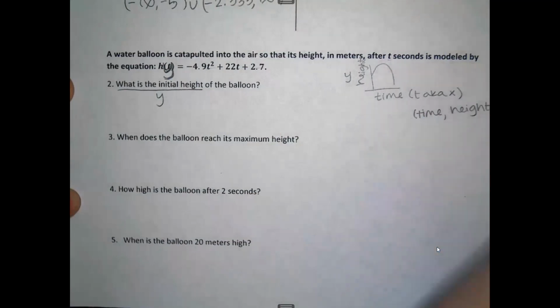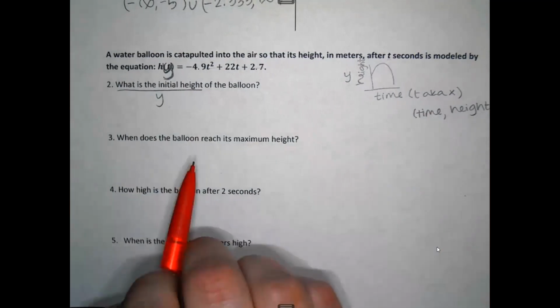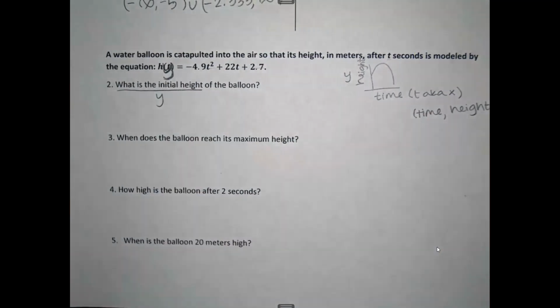Okay. All right, what is the initial height of the balloon? What does the word initial mean? Start. Yeah, where did you start? So what is the time when you get started? If you're running in track and they start the clock, what does the time start at? 0.